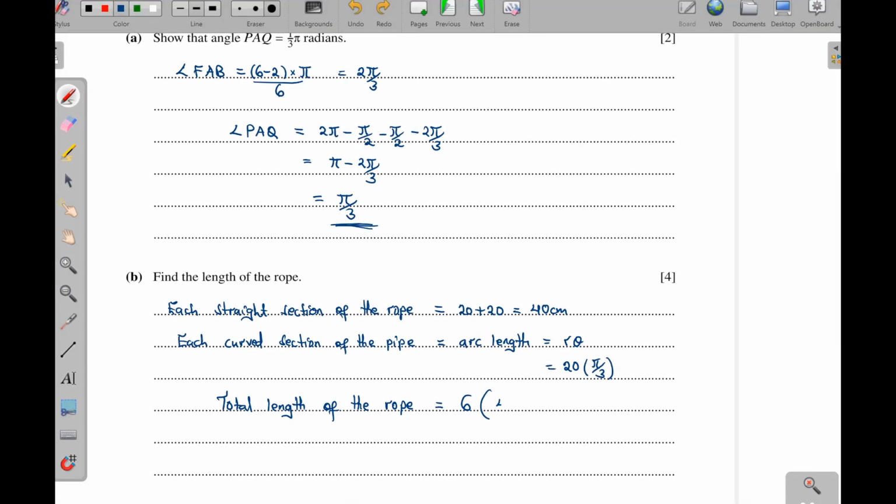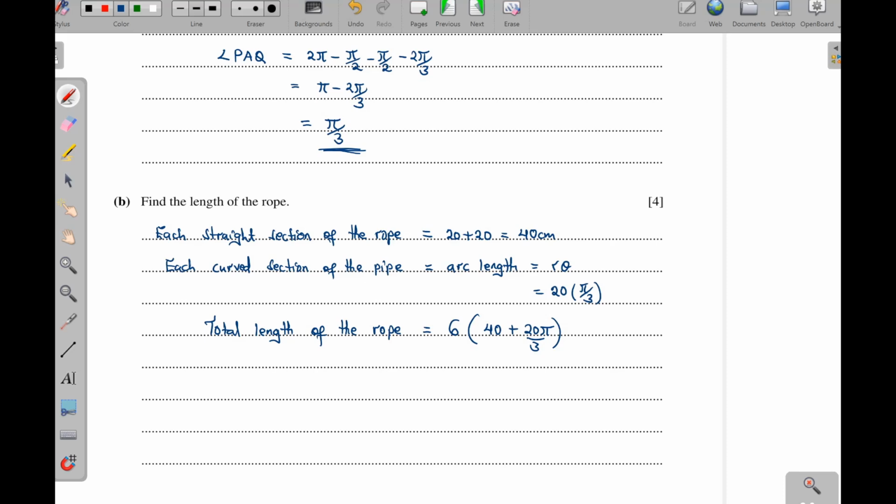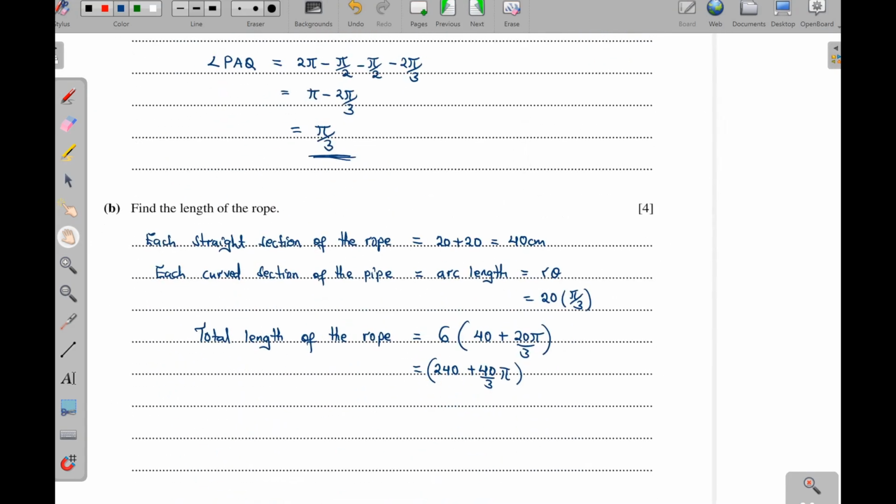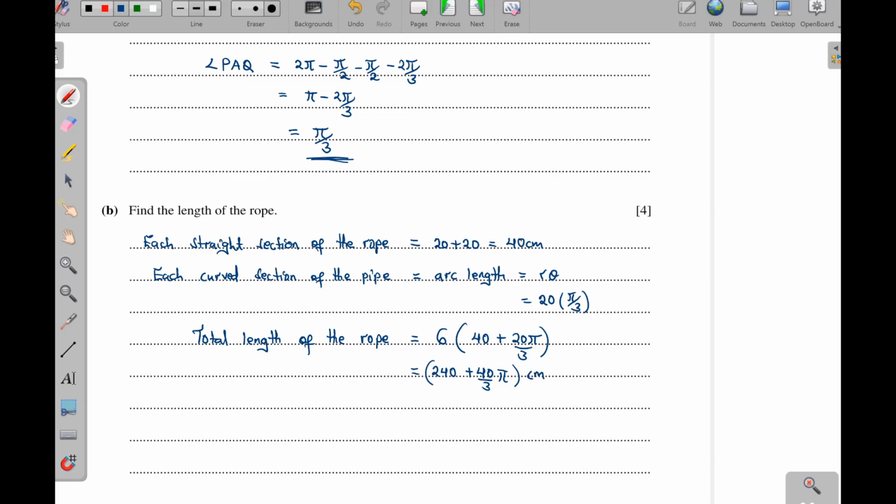So times 40, then plus 20 pi over 3. And our answer here is going to become 240. Then 3 can go here 2 times, not so? Then 2 times 20, you get 40 over 3 pi. And were the units given in centimeters? Yes. So that means the perimeter here is going to be in centimeters. I can leave it there. Or if you want, you can write it to 3 significant figures. But I'm going to leave it there.